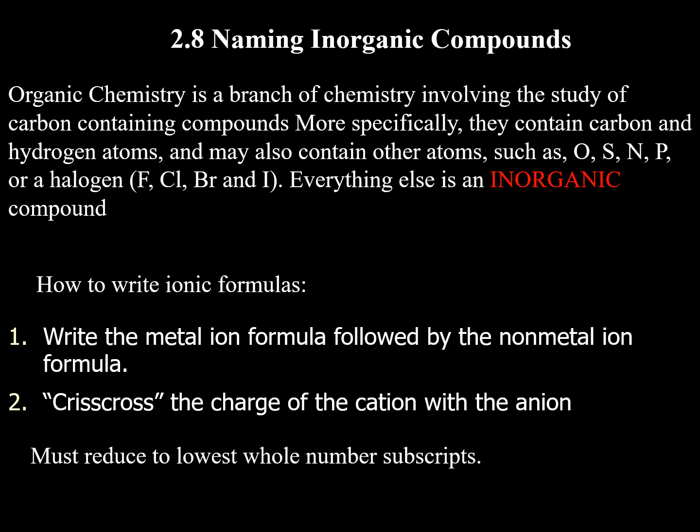We write the metal name first, followed by the nonmetal ion. So for instance, sodium chloride. Sodium is the metal, you write that first, and then chloride. It's not sodium chlorine, but the nonmetal becomes -ide. To figure out the charges, we use this crisscross method, which I'll show you in a few minutes.